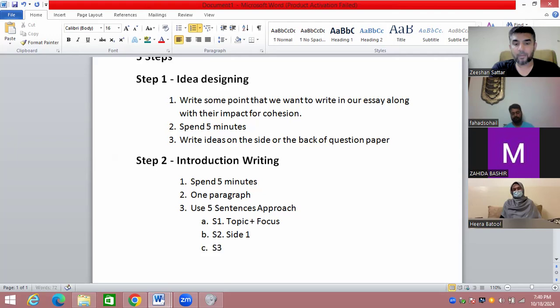Sentence number 3 will be on side number 2. Why do we write both sides in the introduction? Because what we introduce, we will explain later. What we introduce, we will write about further on and explain. That is why we write both sides in the introduction. In problem and solution, we write one problem along with one solution: the prime reason and the prime solution.